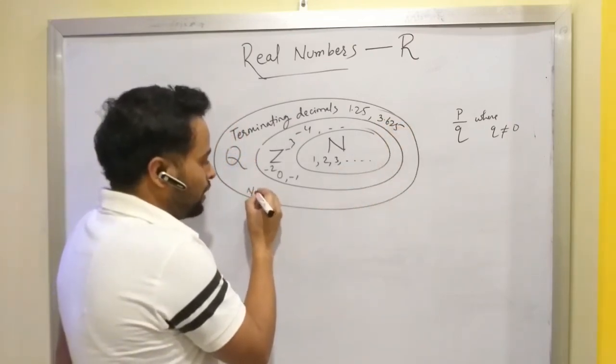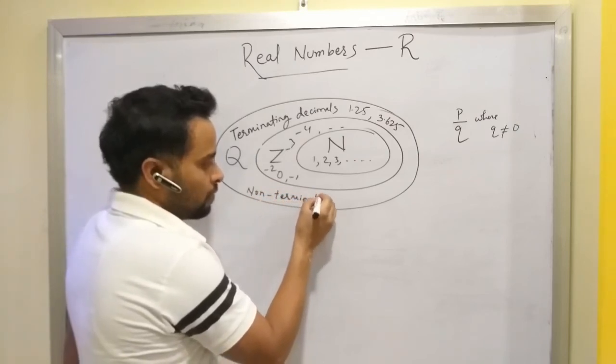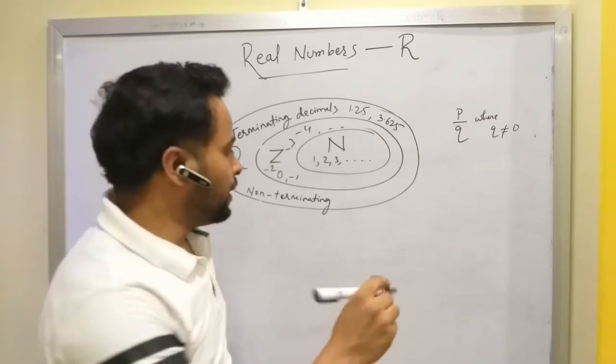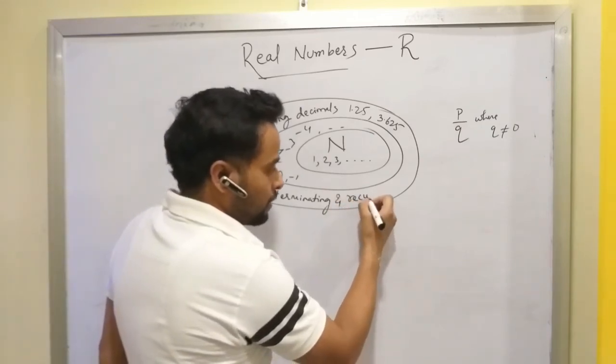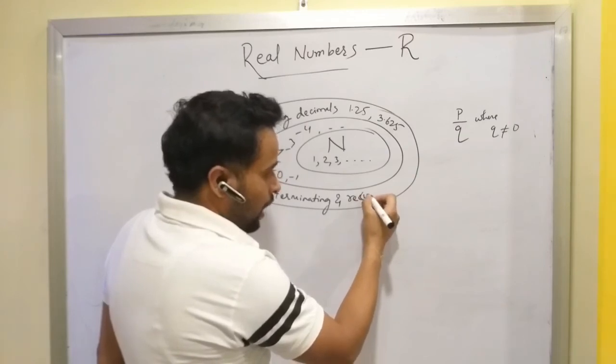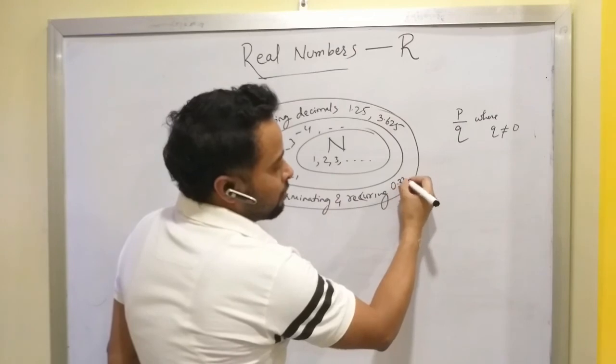And if it is non-terminating, it has to be recurring, and reoccurring is recurring, R-E-C-U-R-R-I-N-G. For example, 0.3333.